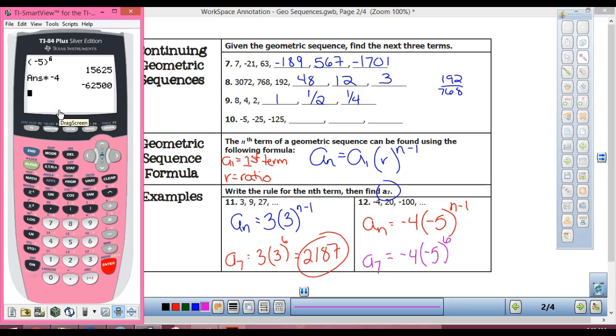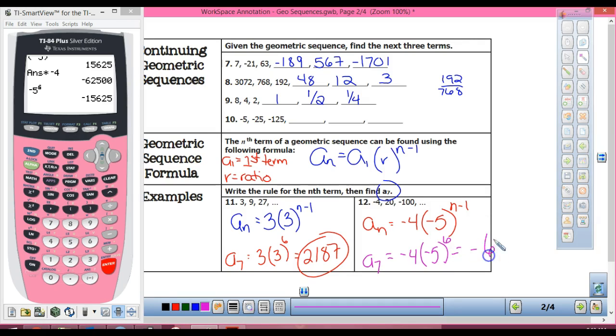Because otherwise, if you put it in your calculator without parentheses, you're going to get negative 5 to the 6th power is going to give you a negative. But we know that it's positive because it's to an even power. So this gives us, what, negative 62,500? Right?